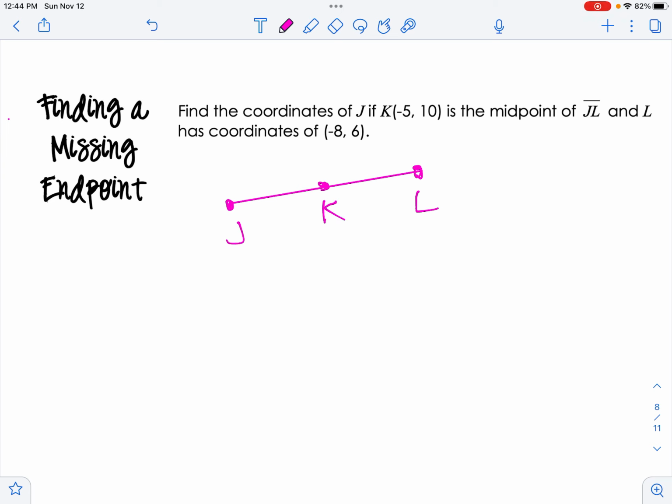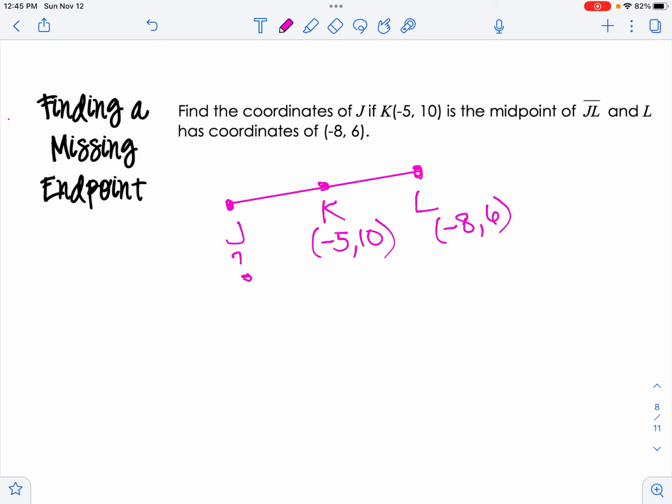So we know that K is located at (negative 5, 10). We also know that L has the coordinates (negative 8, 6). So what we're trying to find is what are the coordinates of J?